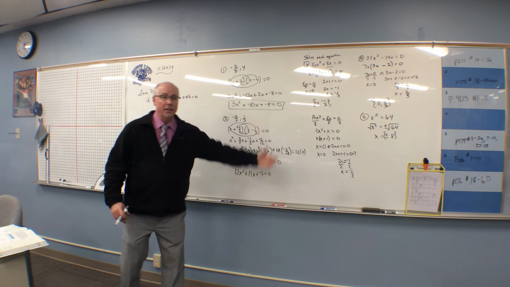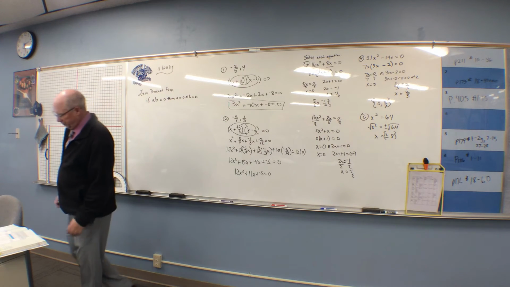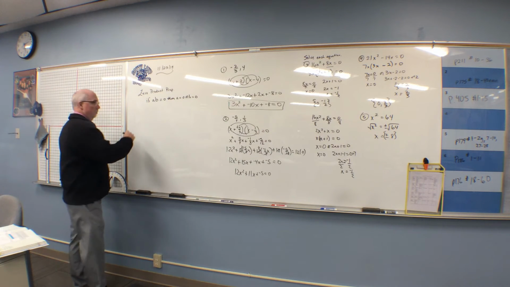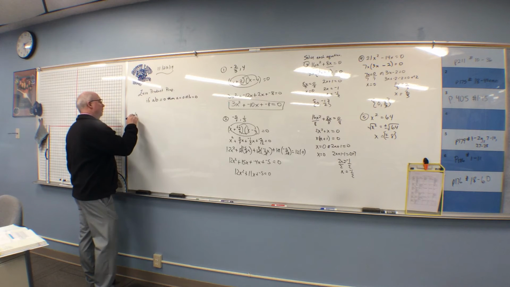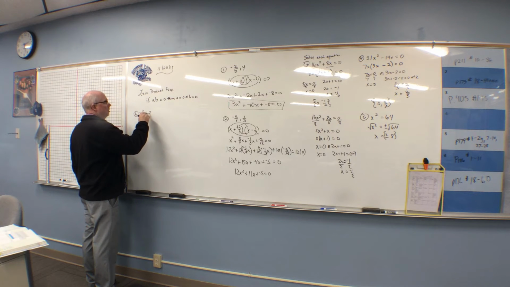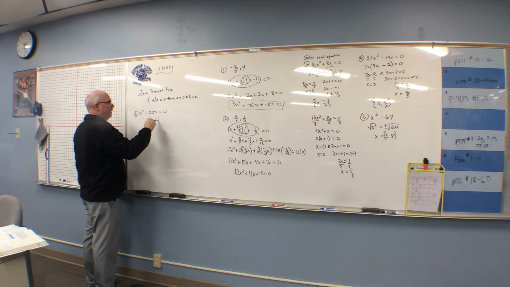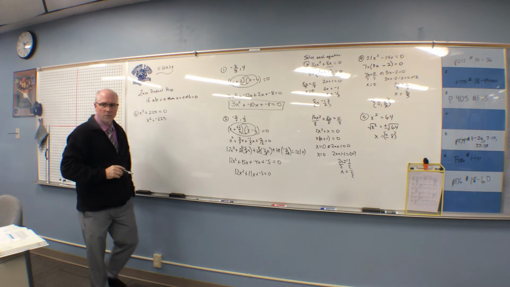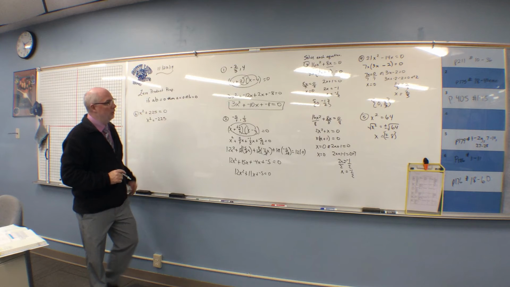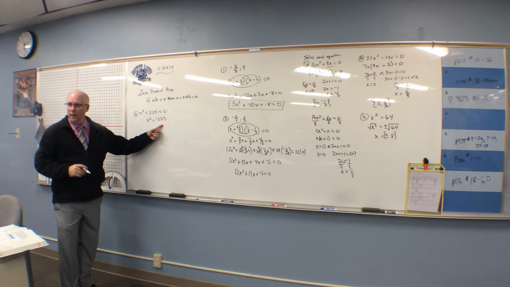Now, what happens if you get a negative number? For what? To poke an eye out? Oh, wait. That's exactly right. Yeah. x squared plus 225 equals 0. Okay? And you can do the same thing as you did over there. You can say x squared equals a negative 225. In other words, you can move it to the other side. Now, when do I know when to do that? When it's just an x squared and a number, right?